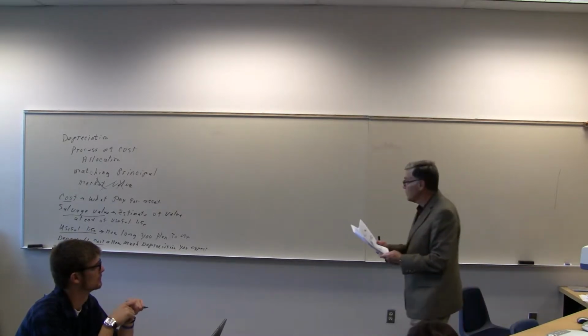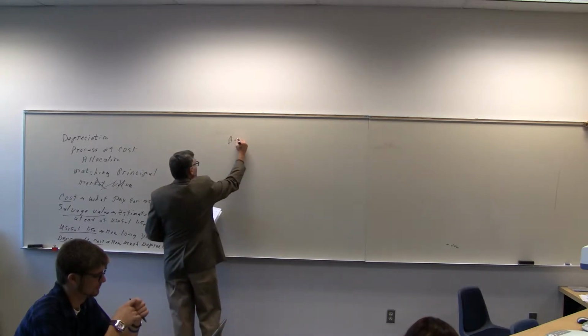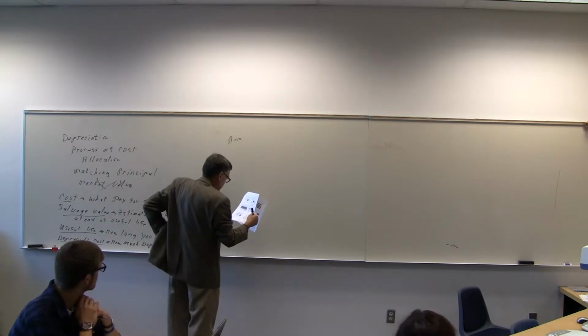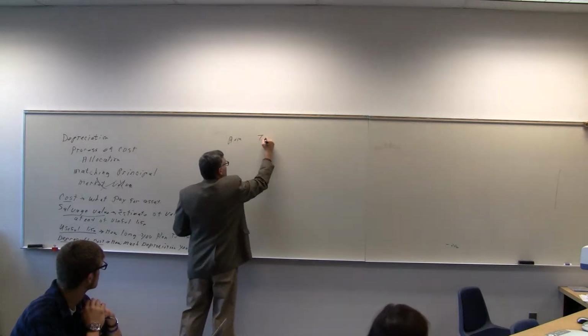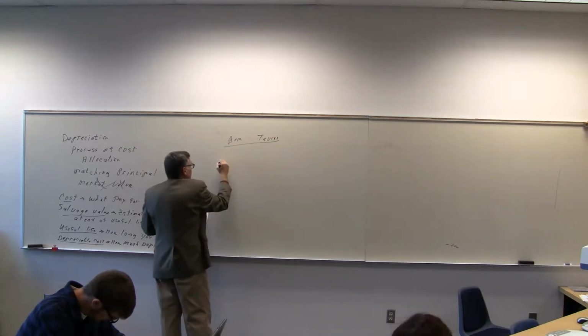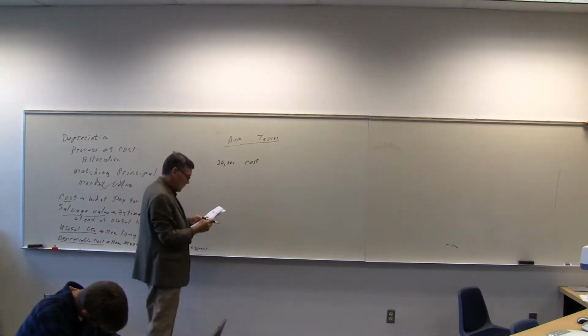So what happened was Avis, or any of the car dealers, let's just deal with Avis, what they would do is they would buy a Ford Taurus, okay? It cost them $20,000.